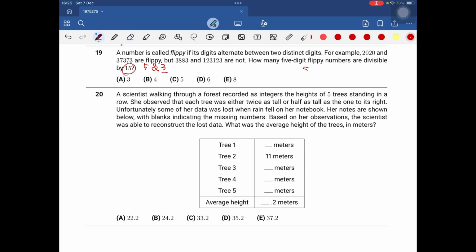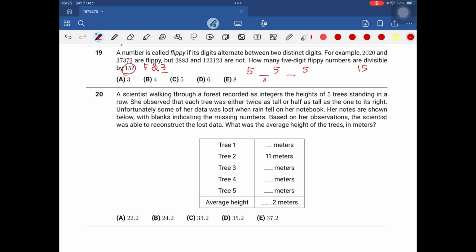So the last digit should be 5. So now we have 5 and 5, 15 already, which is divisible by 3. Let's make it.